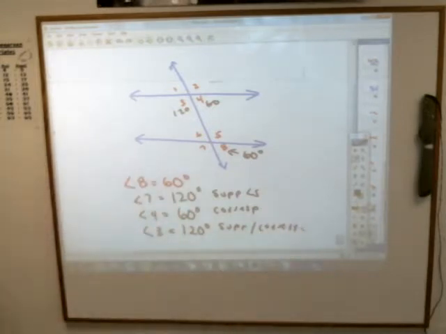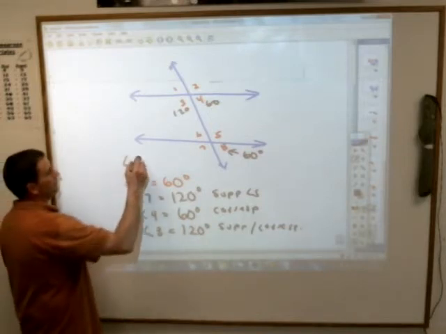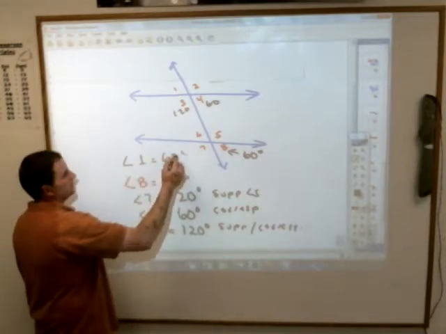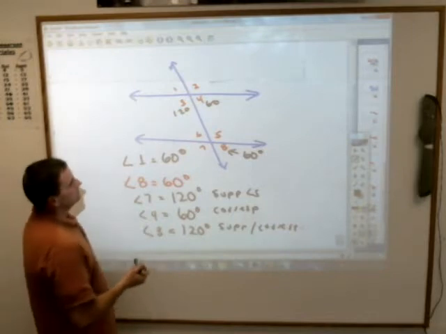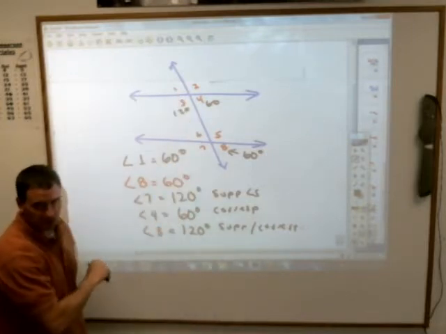What about angle 1, 2, 6? Anybody? How big is angle 1 and why? Emma Kunacek, 60 degrees. Why is angle 1 60 degrees? Yeah, well, angle 1 corresponds to 6, and I don't have a 6 down here yet.